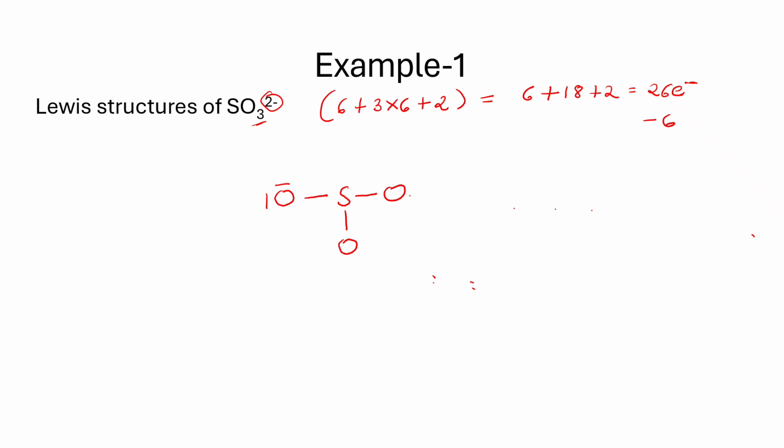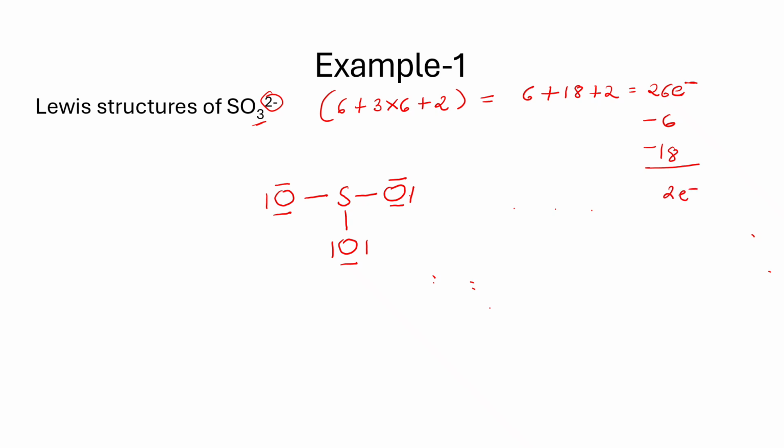So here 3 lone pairs on each oxygen, right? And since there are 3 lone pairs, which is basically 6 electrons on each oxygen, that would mean 18 electrons have been accounted for. So that just leaves us with 2 electrons, right?